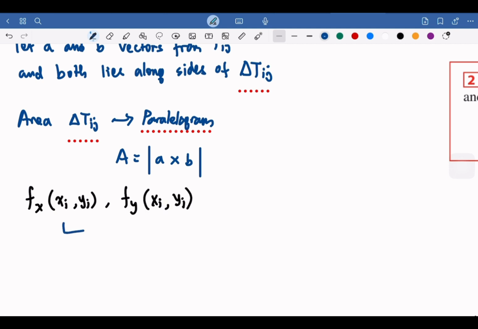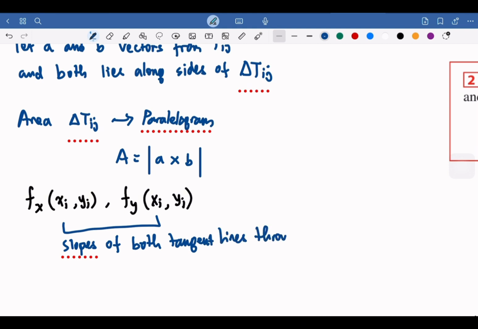These two equations will be the slopes of both tangent lines through the Pij in directions parallel with A and B.